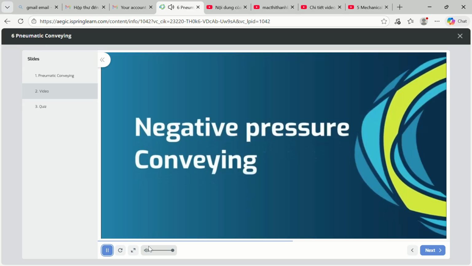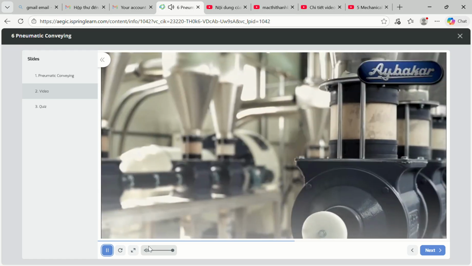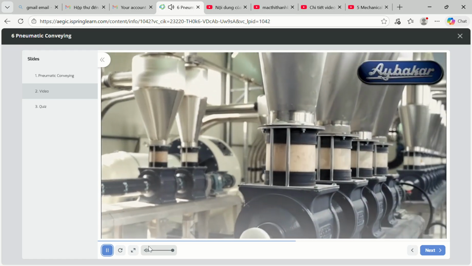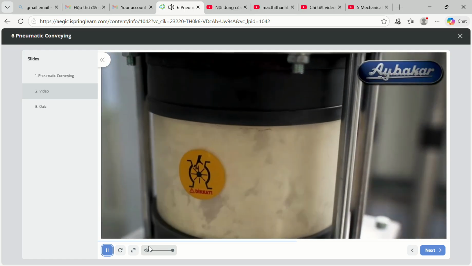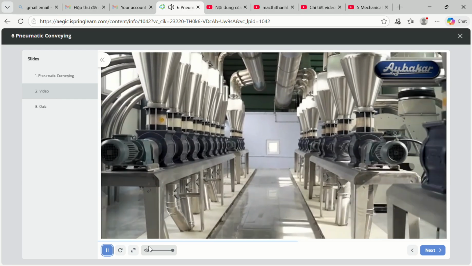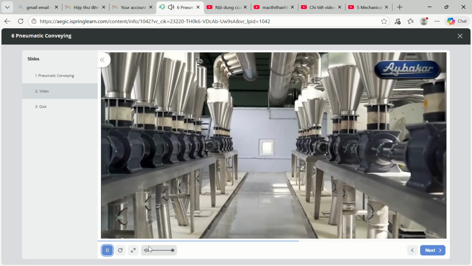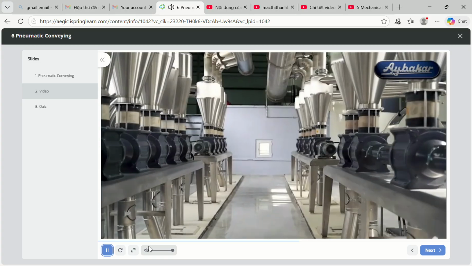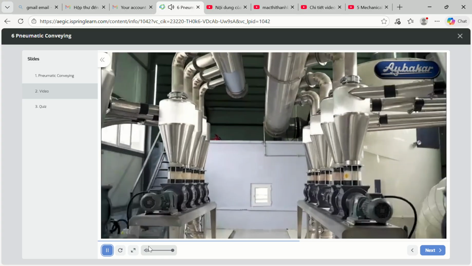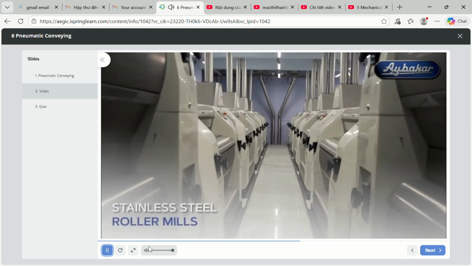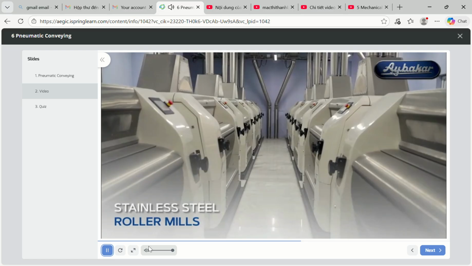Negative pressure pneumatic conveying. Another example of an exhaust system is the negative pressure pneumatic system that exhausts from beneath a collection of grinding machines called roller mills.